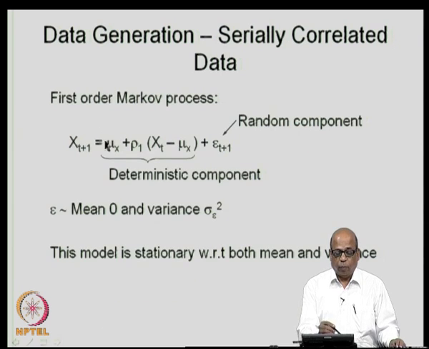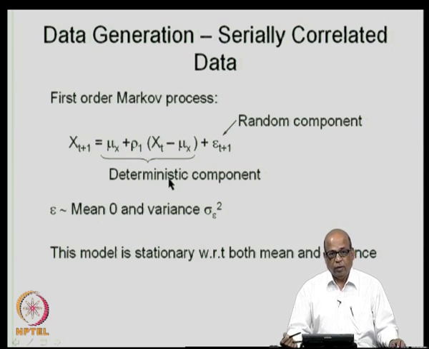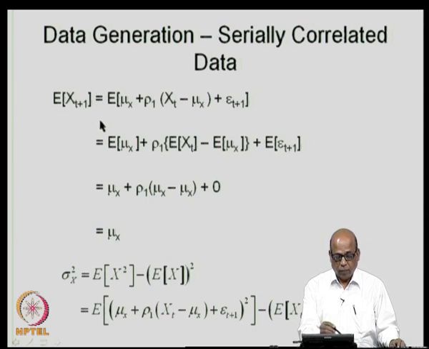So, for this process x t plus 1 given by this to have the same mean as mu x, what does it have to satisfy? We will take the model expected value. So, expected value of x t plus 1, and this is the model mu x plus rho 1 x t minus mu x plus epsilon t plus 1. So, that is expected value of mu x plus rho 1 into expected value of x t minus expected value of mu x plus expected value of epsilon t plus 1.